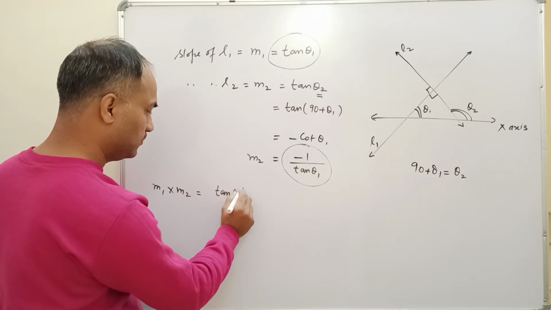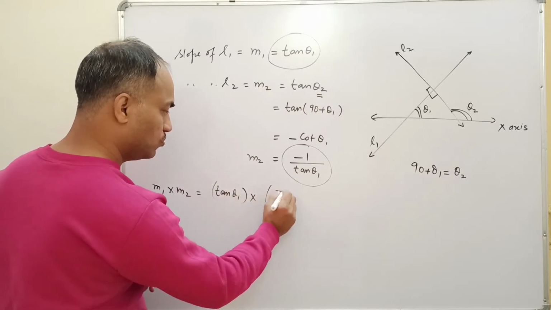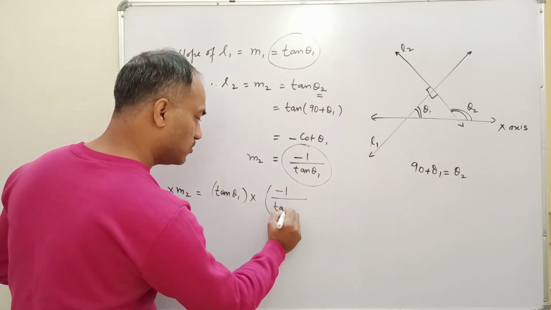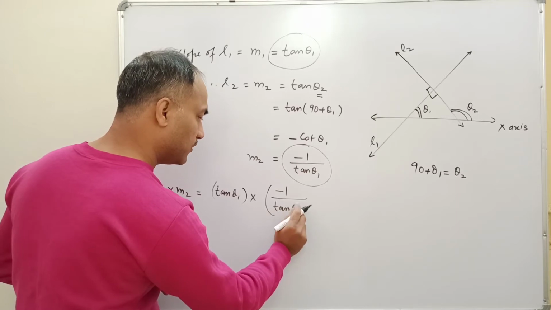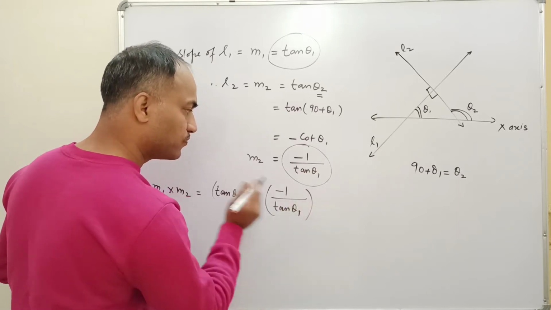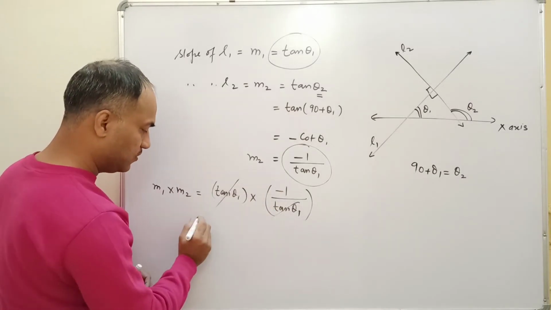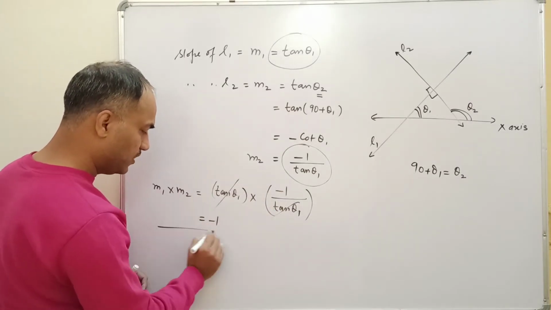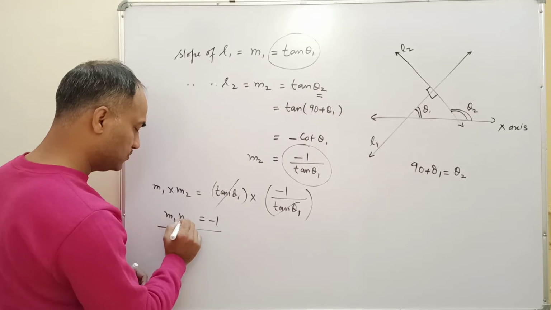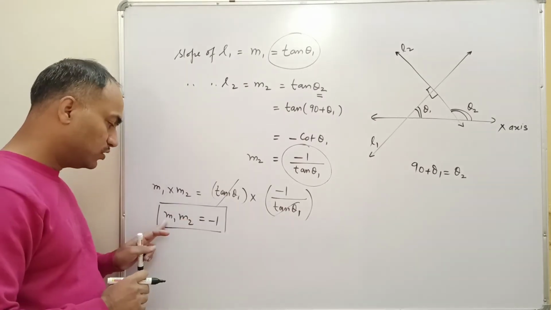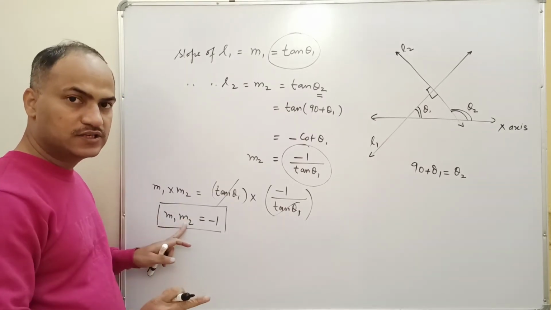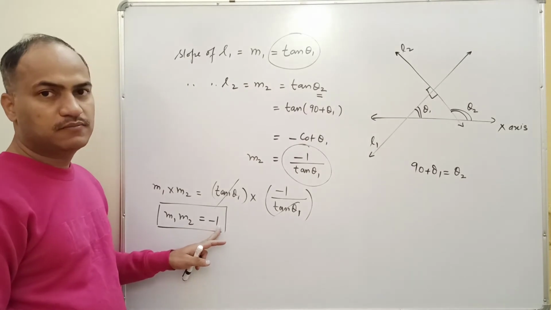Tan θ1 into minus 1 upon tan θ1. Okay, this is also 1 now. So this value is cancelled and we are getting only minus 1. So from here the result comes: M1 and M2, the product of slopes of two perpendicular lines is always minus 1.